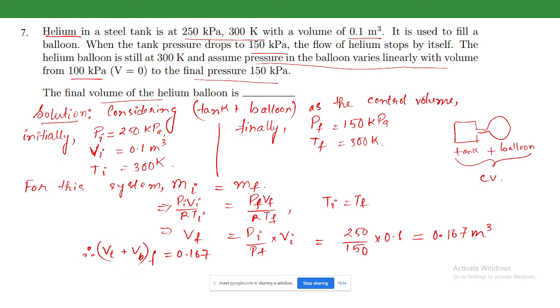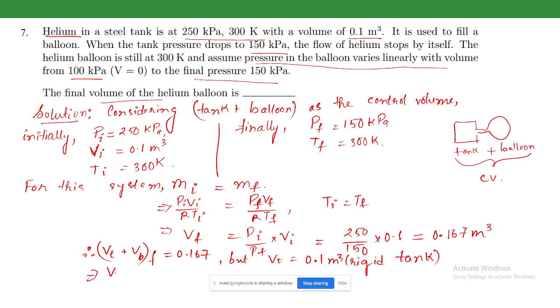But the volume of the tank is rigid. Since the tank is rigid, Vt is equal to 0.1 meter cube. There is no change in the volume of the tank, so this will remain the same. So only the volume of the balloon is changing.